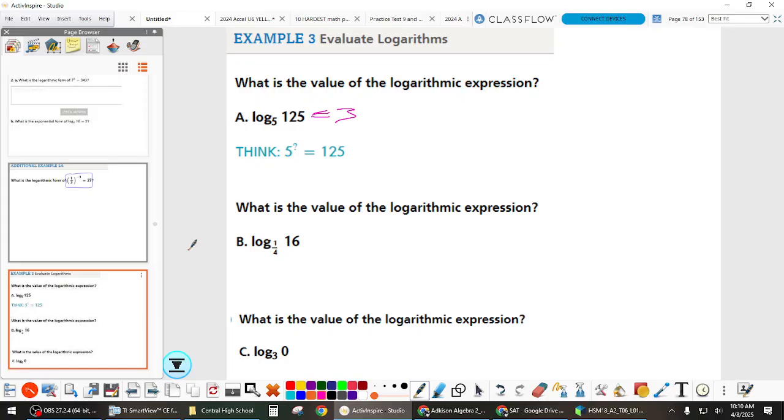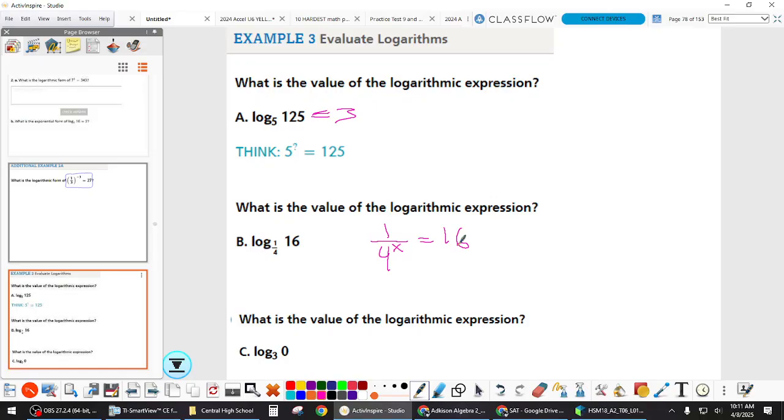We're turning a fraction into a much bigger whole number. Can you do that with a normal exponent? No. So what do we have to do? I want this to move from the denominator up to the numerator.